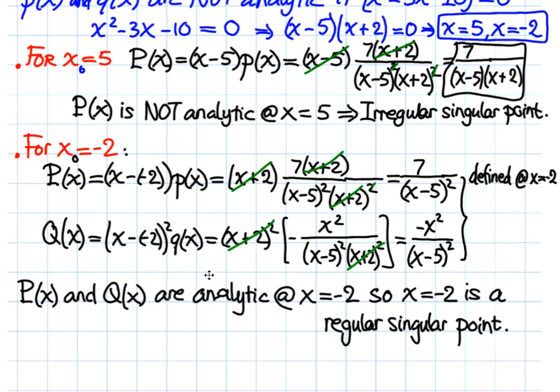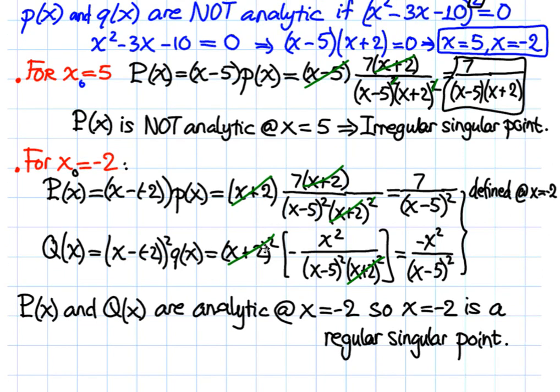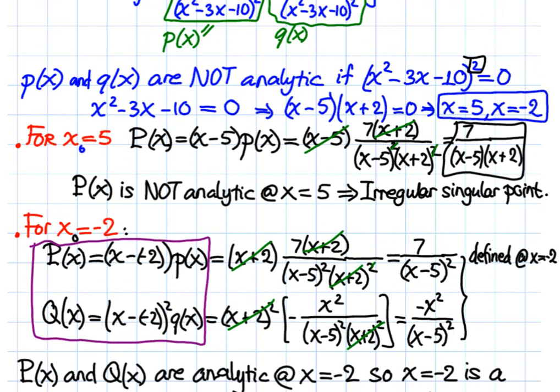So again, we will compute capital P of x and capital Q of x. If they are analytic at the point, it will be a regular singular point. And the point has to be singular first.